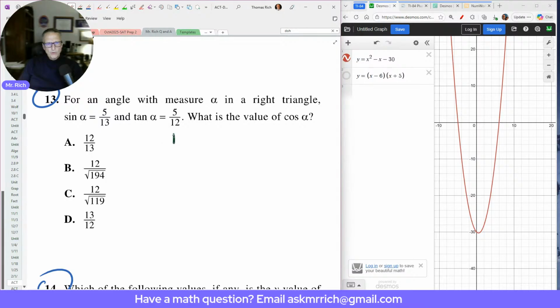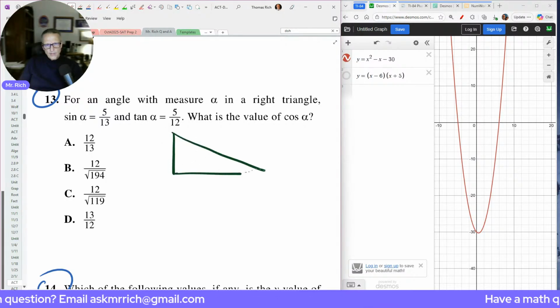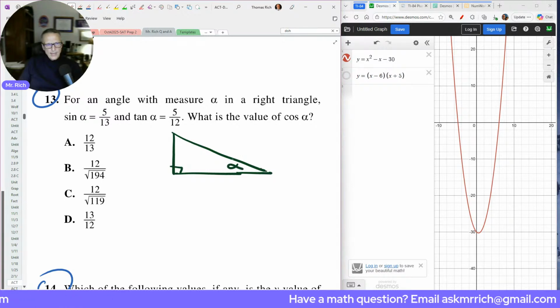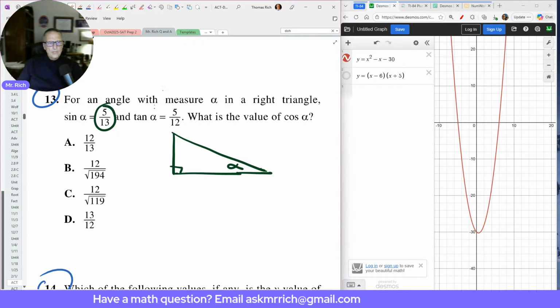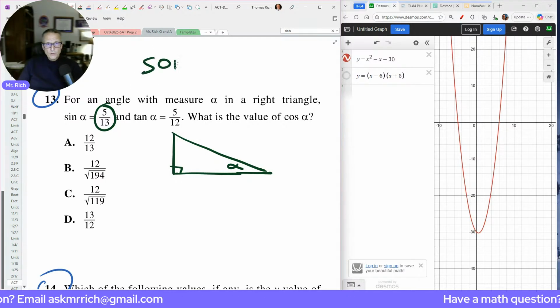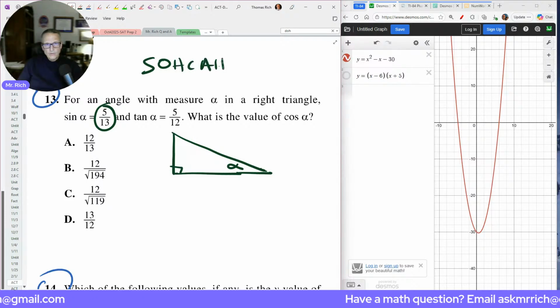What I would be doing on this problem is making myself a right triangle. I would be calling one of the angles alpha. And I know that that ratio is opposite over hypotenuse for sine, right? We're using SOHCAHTOA here with right triangles.